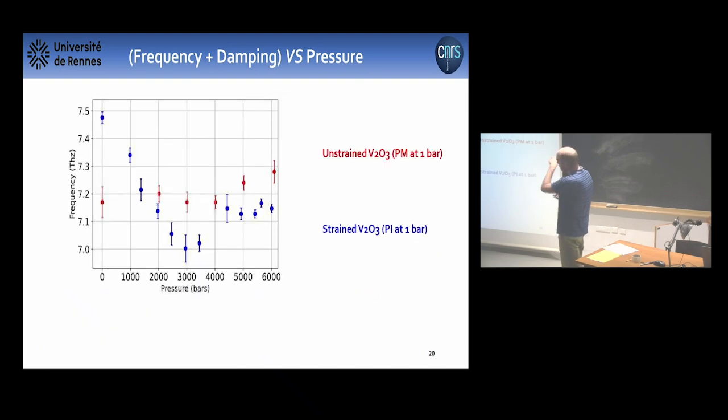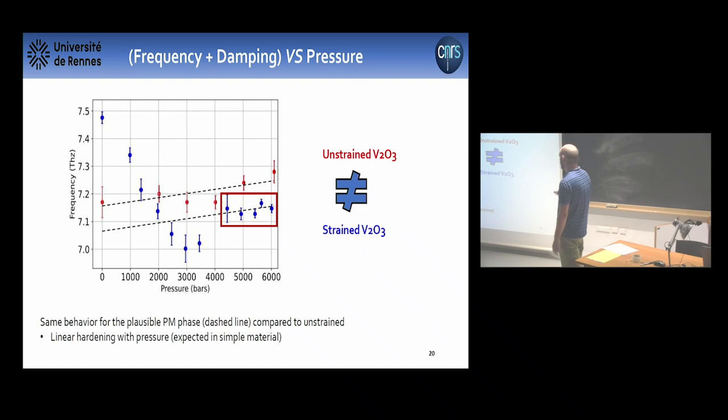So then we can put together the unstrained V2O3, which is purely metallic, and the strained one, which is supposed to undergo the insulator to metal transition. And what you can see is that indeed, if you extrapolate the linear dependency for those two, the unstrained, purely metallic one, and what we expect to be the metallic phase, there is a kind of global agreement.